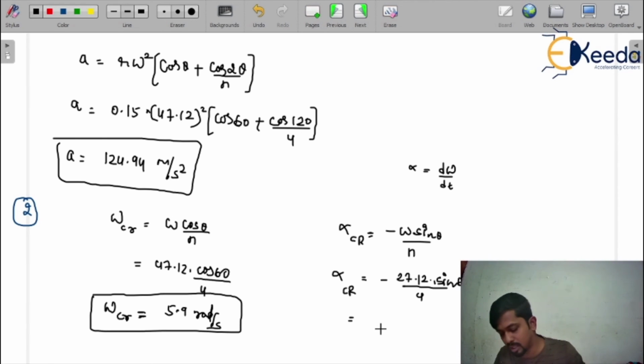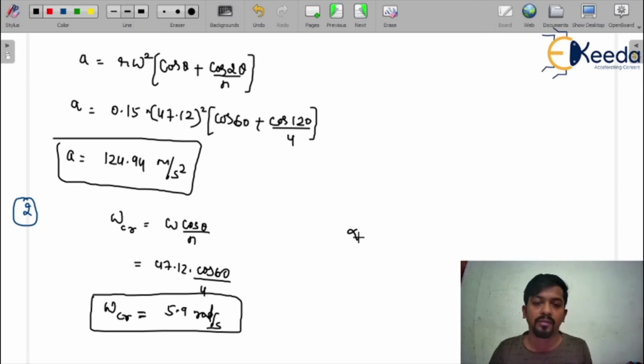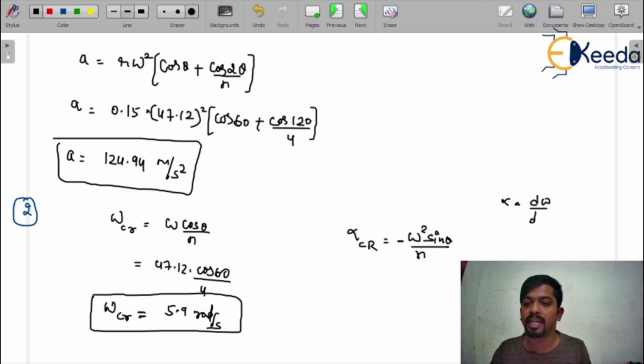I am just calculating using a calculator. We have to calculate the angular acceleration of the connecting rod, that is minus omega square sin theta by n. We know that alpha is equal to d omega by dt. This is the angular acceleration. Here the minus sign denotes that the connecting rod is trying to reduce the angle beta.